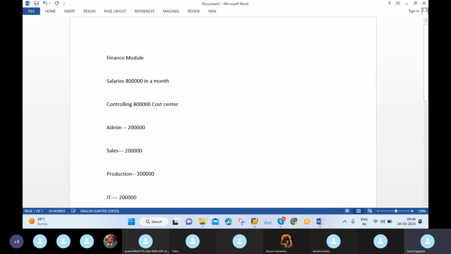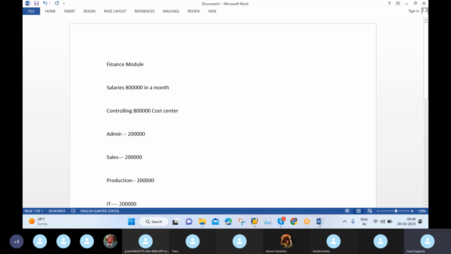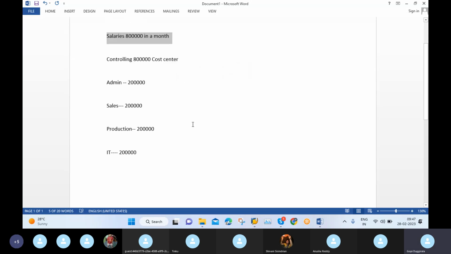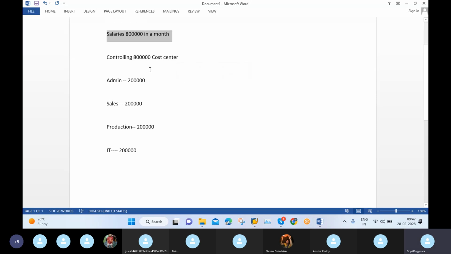Please try to understand the importance of the controlling module in SAP. From the finance module point of view, I pay salaries of 8 lakhs in a month in my business. But from the controlling point of view, I pay the same salary of 8 lakhs, and here admin is treated as one of my cost centers. Admin salaries I can put as one cost center, and sales department salaries is one more cost center.